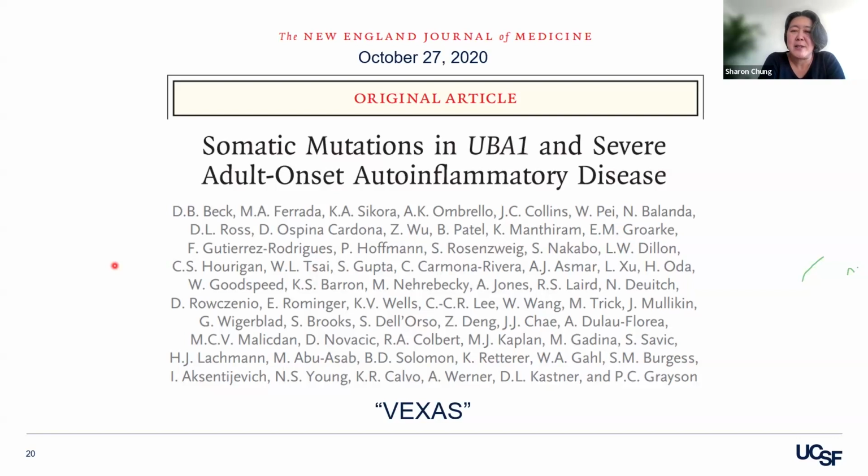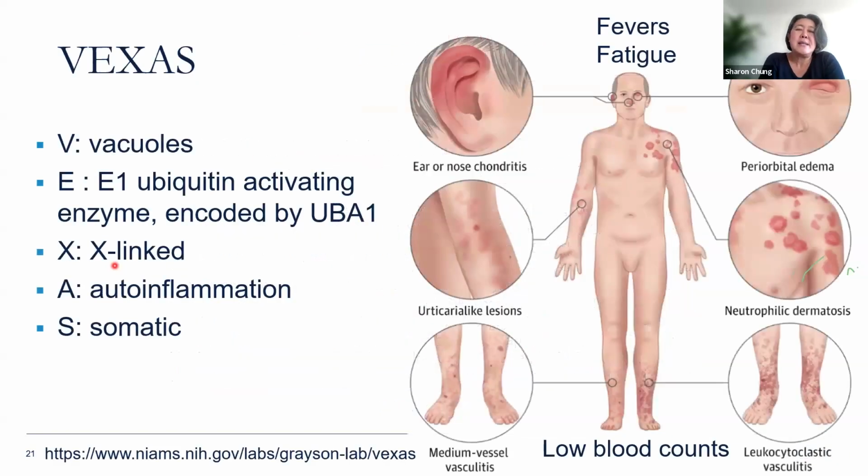It's this VEXAS syndrome, and it was first published not that long ago, in 2020, 4 years ago. VEXAS is an acronym for what we see in this disease process. The V stands for vacuole, so patients develop vacuoles or holes in the cells in their bone marrow.